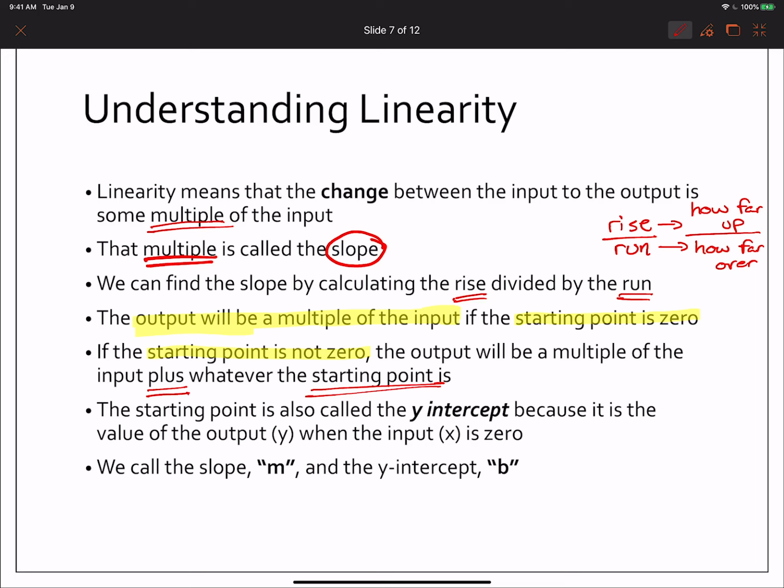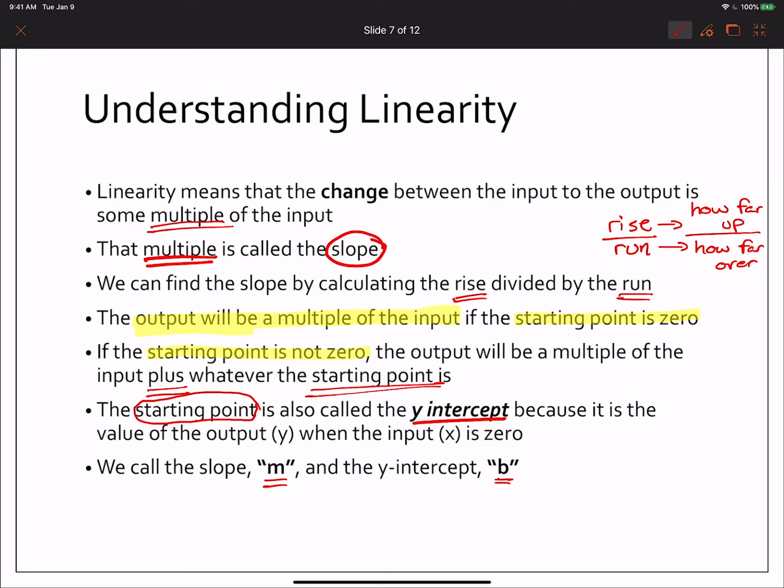Now, we can call the starting point, which is basically a point we start at if we don't start at 0, the y-intercept, right? And that's because that's basically the value of the output when our input is 0. And we call the slope m, and we call the y-intercept b.